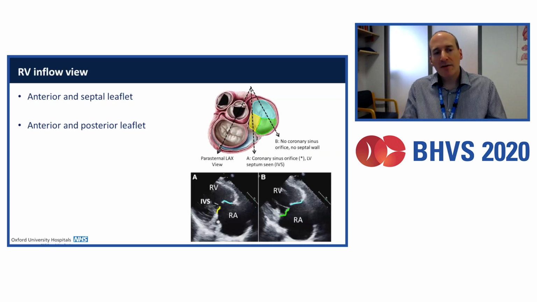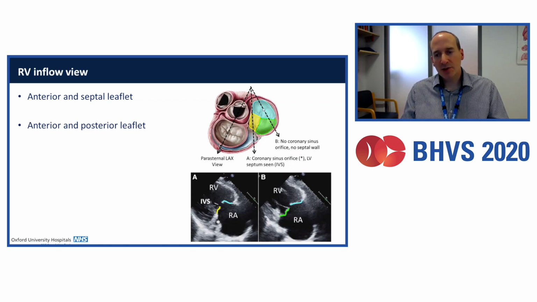If you think about the RV inflow view and look at the anatomy diagram on the right, your conventional parasternal long axis view, which goes through the aortic valve and the mitral valve, we're all familiar with. If you angle the probe and swing across just into the right heart, the first leaflet you will encounter will be the septal leaflet. And as we can see down here, if you have an RV inflow view with the coronary sinus in the image, you are highly likely to be looking at the septal and the anterior leaflets.